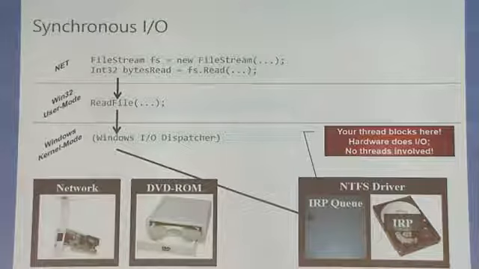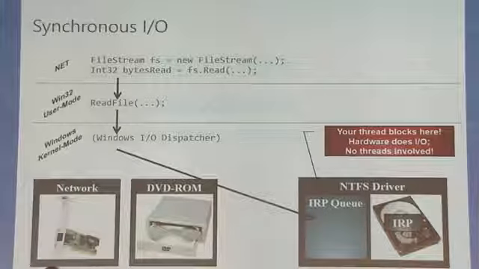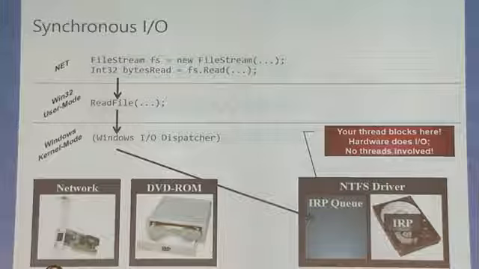The CPU on the motherboard has nothing to do while an I/O operation is occurring in hardware. So because the CPU on the motherboard is the thing that executes threads, and it has nothing to do while performing an I/O operation, your thread ends up being blocked and does not get to make forward progress at all.